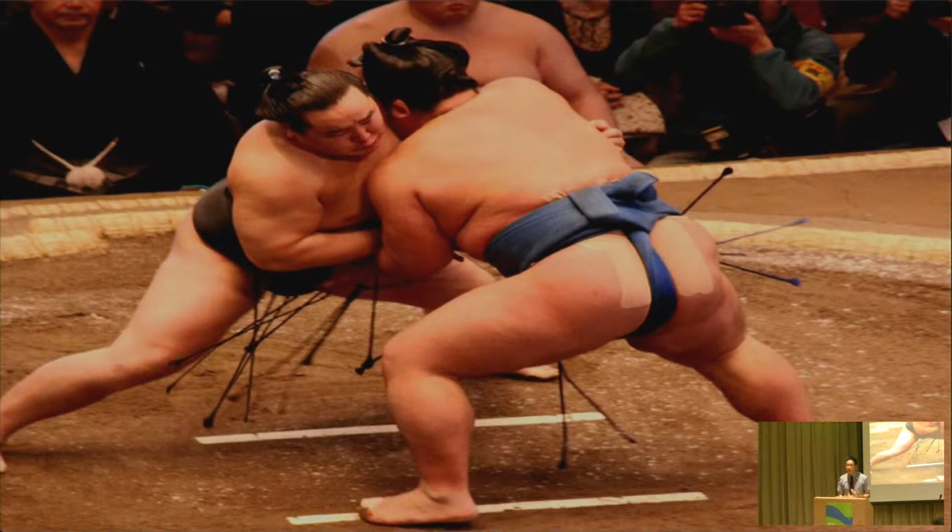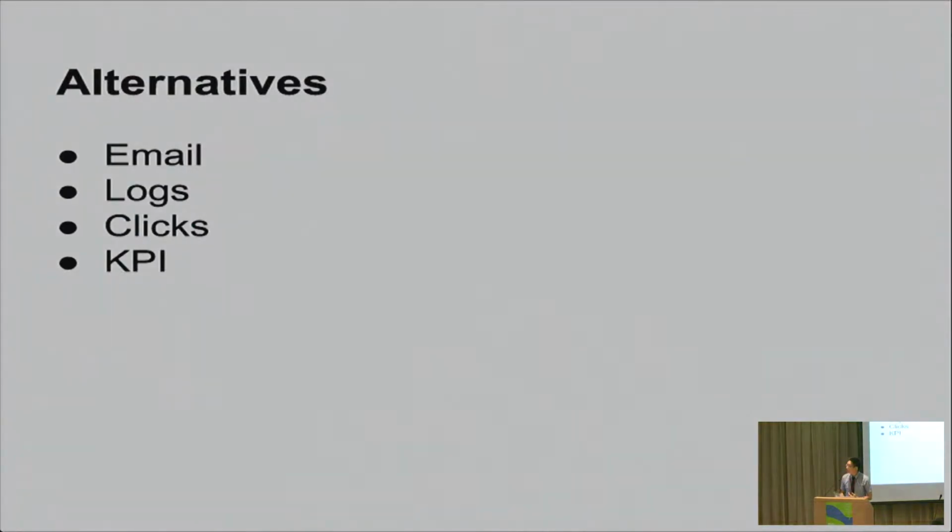So, for example, if you're working with internal emails or logs, the data logs, or even clicks or sales, marketing and KPIs, it's nice to have them push to your data pipeline instead, because you can define their interface. You can define what's important to you and have them adhere to your requirement rather than the other way around.